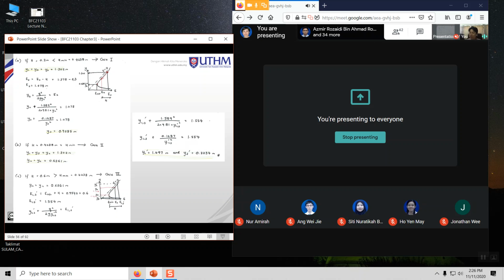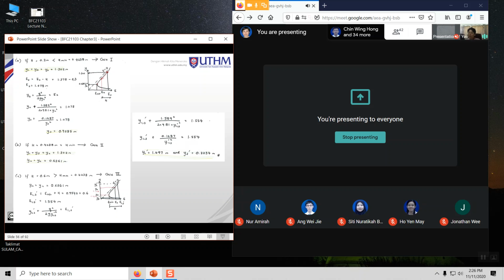By how much? Your new specific energy is E min plus H, which becomes E13 prime, because it represents specific energy for location 1 and location 3, and the prime means the new one.